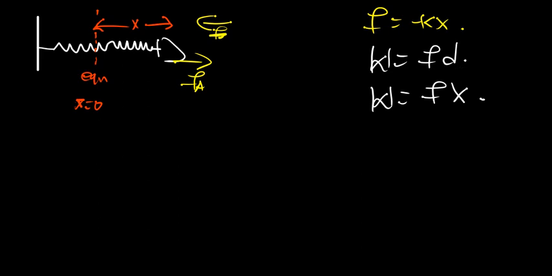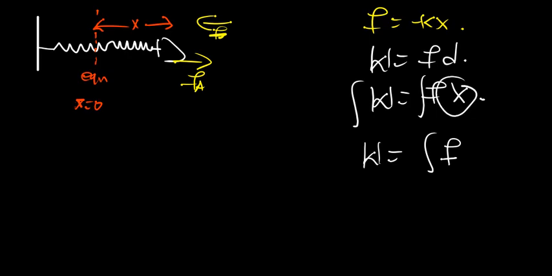I'm going to take the integral on both sides. So work is equal to the integral of F, and I want to integrate in terms of the displacement, which is x, so it becomes dx.